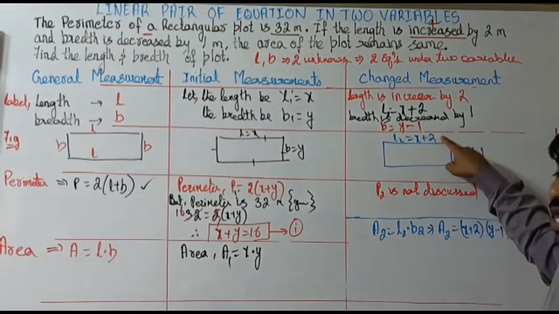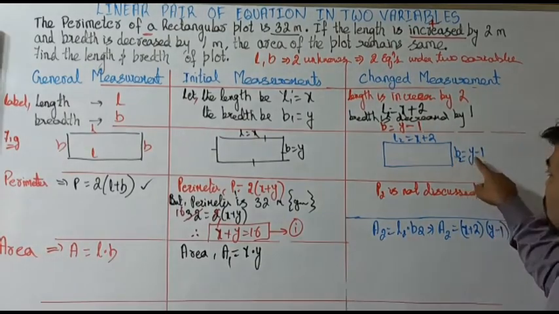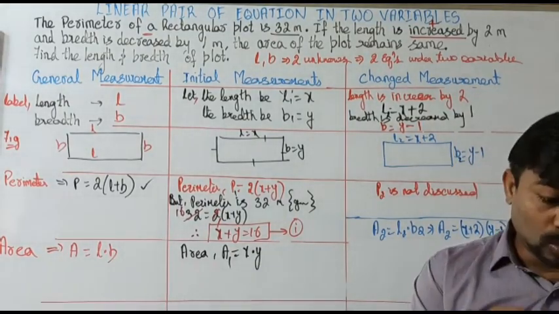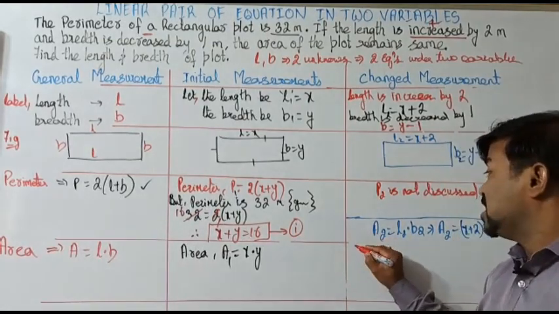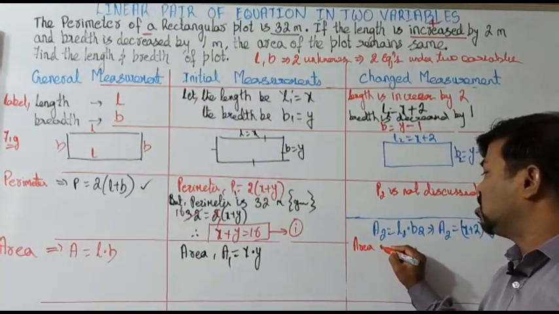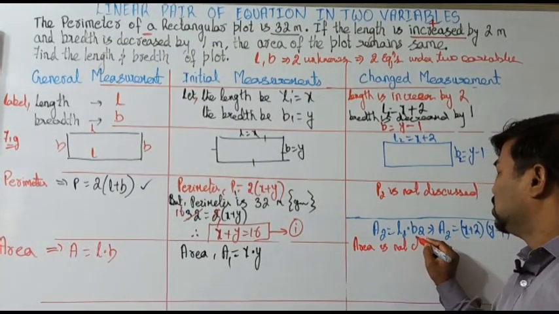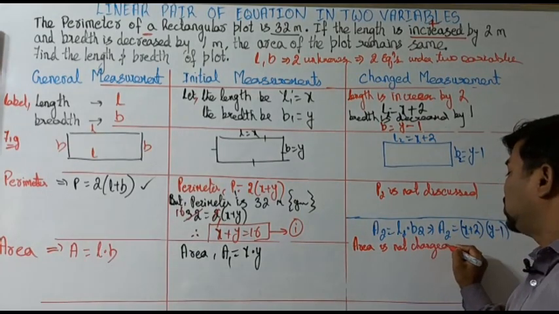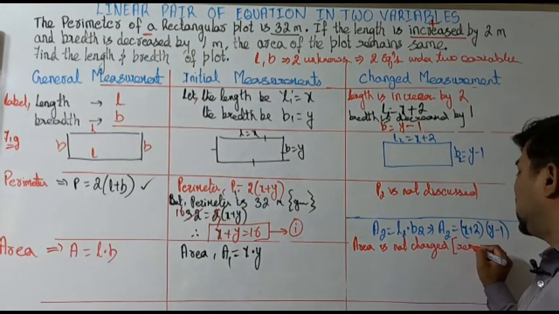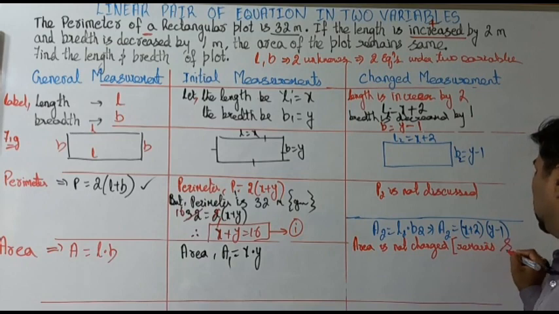What is L2? L2 is x plus 2, and the breadth is y minus 1. So A2 is L2 into B2, with L2 as x plus 2 and B2 as y minus 1. I plugged in. But what is the condition? Area is not changed, which means it remains the same.